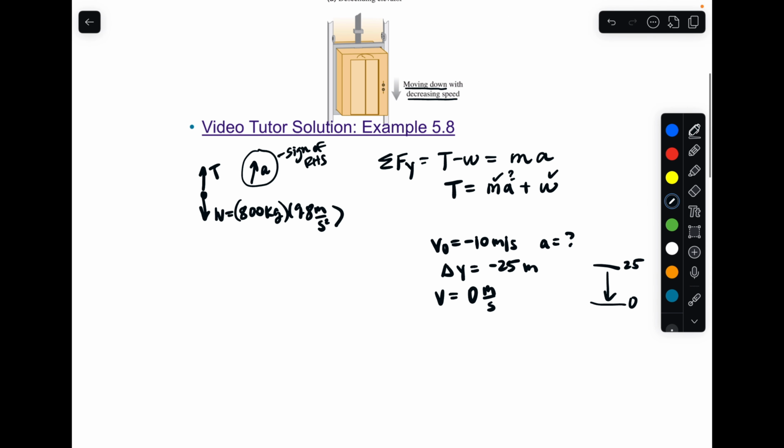So now we can use that to solve for a. We're going to use equation 3 of the kinematic equations. So we're going to get 0 equals 100 meters squared per second squared. I'm already doing the math. Plus 2a times negative 25 meters.